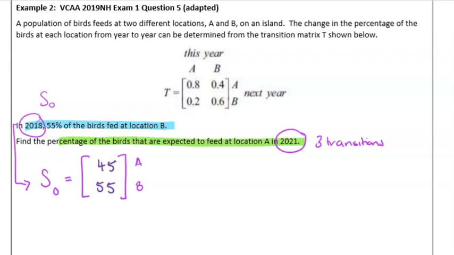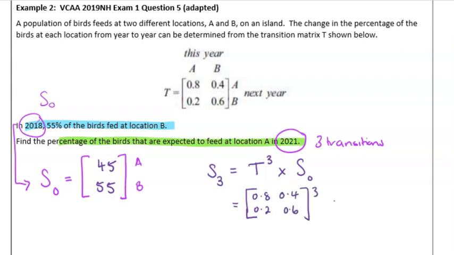And so to build my calculation, if I'm finding S3, so after 3 transitions, that's going to be my transition matrix to the power of 3 and multiplied by my initial matrix. So in my calculator, I will put in my transition to the power of 3 and then my initial matrix as I've created it.